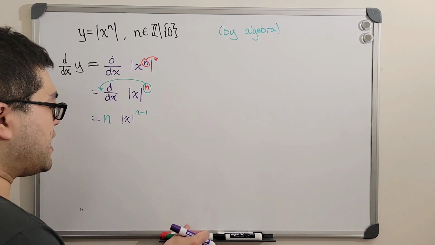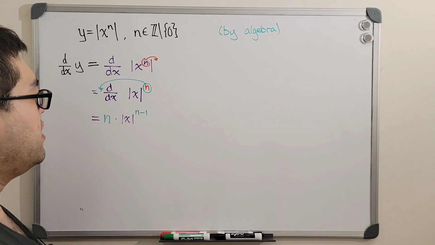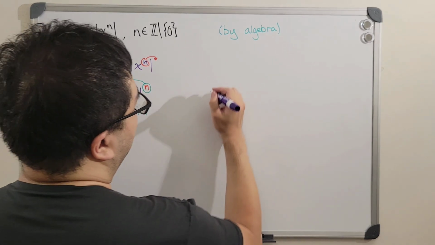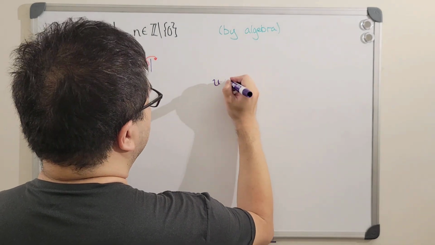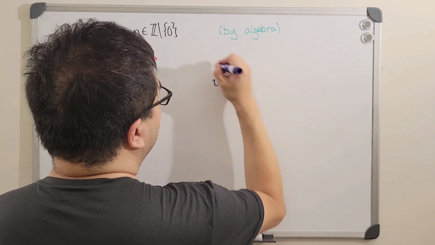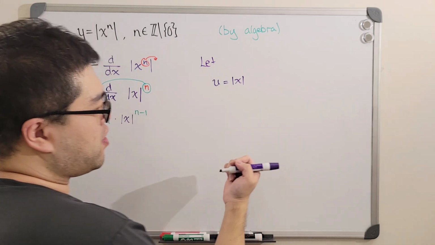Now, don't forget that we actually need to do the chain rule. And what is the chain rule? Well, again, we set our u to be the absolute value of x.